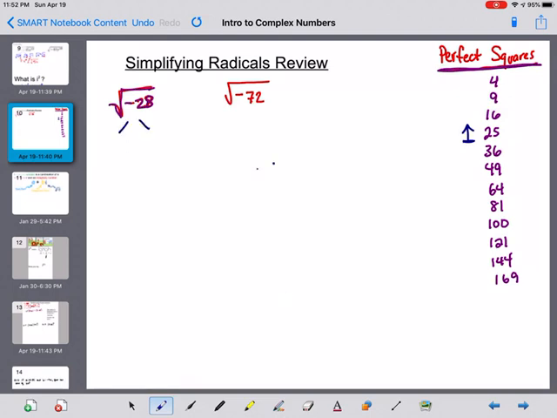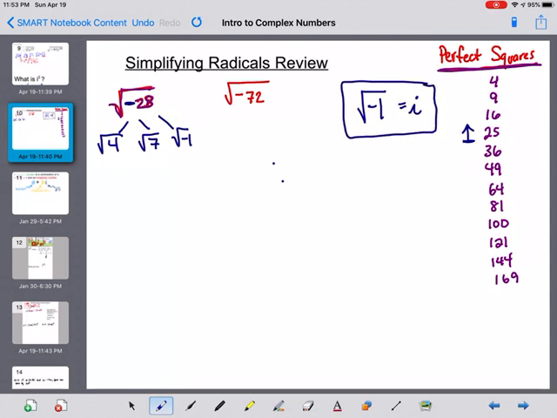So we break this down. We put the perfect square in front, so that was the 4. We put the 7, because when I divided 28 by 4, I got 7. And then we put the negative 1, which is from that negative sign right there. If you remember from last time, the square root of negative 1 is represented by i.